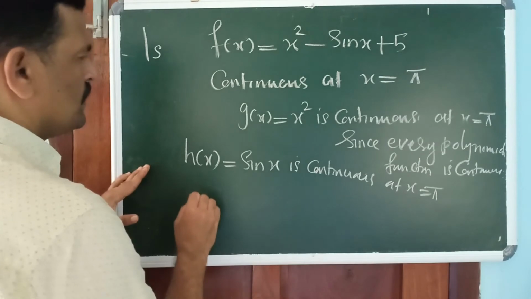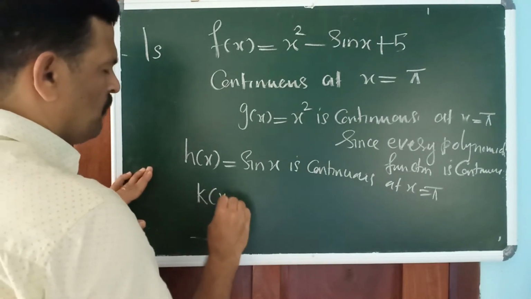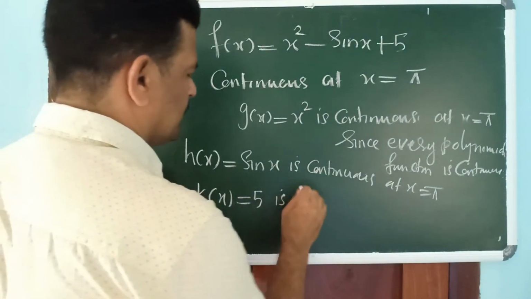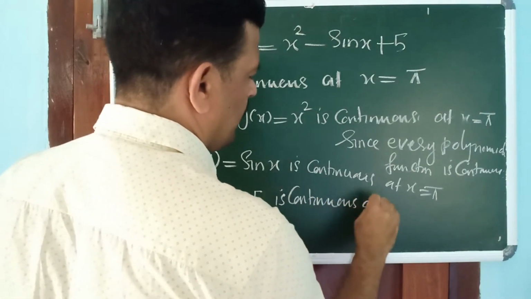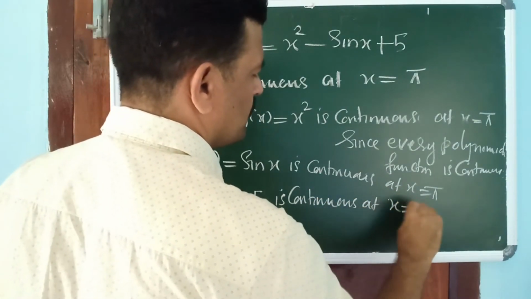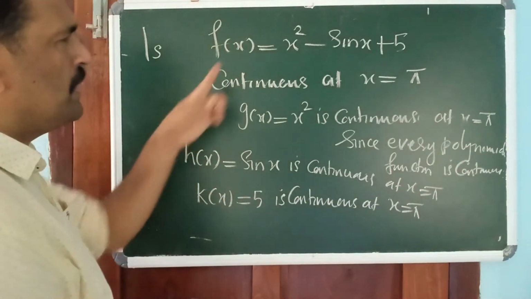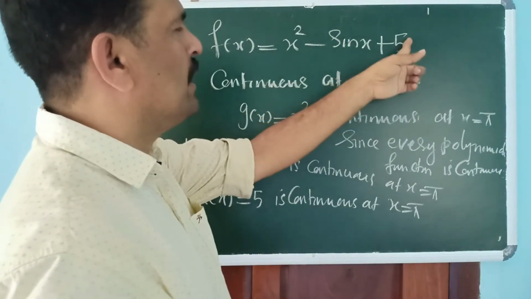Also, k of x equal to 5 is a constant function, and is continuous at x equal to pi, since it is a constant function. Therefore, x square is continuous, sin x is continuous, 5 is continuous.